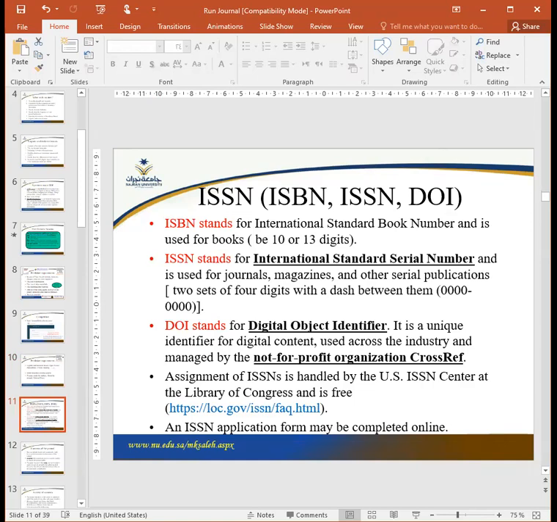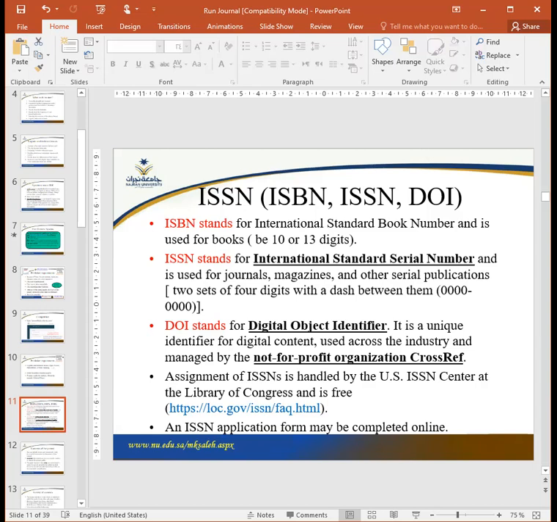In comparison, ISSN stands for International Standard Serial Number and is used for journals, magazines, and other serial publications. It consists normally of 2 sets of 4 digits with a dash between them. The DOI, as previously mentioned, is a digital object identifier. It is a unique identifier for digital content used across the industry and managed by a non-profit organization.